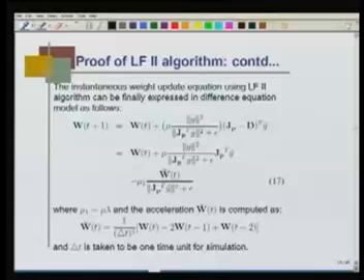But anyway, the weight update law that we talked about, the difference equation version of that equation, is in this particular format, which is equation 17, and this can be written in two forms.